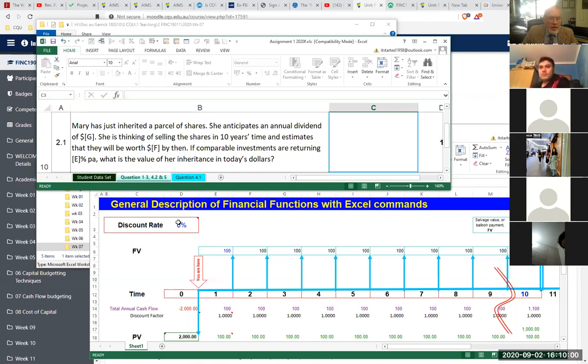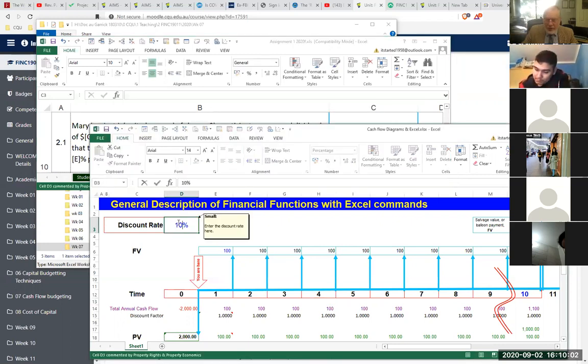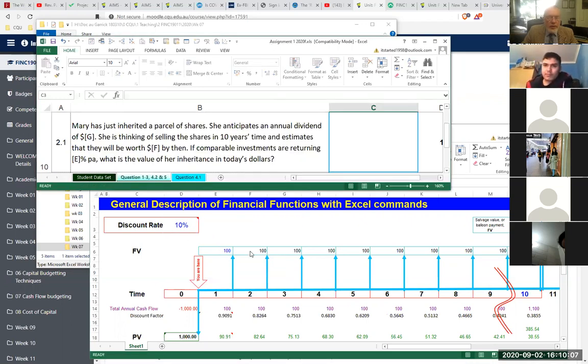If E in your example happened to be, let's say, 10%, and G was 100, and F was 1,000, I don't know what they are in our examples here, then what this diagram is showing you is actually the solution for that puzzle. Now, those aren't the values you're going to have, but it's just an example of how it works out. In this case, by happy coincidence, this particular pattern of cash flows and discount rate does give you the PV equaling the FV.